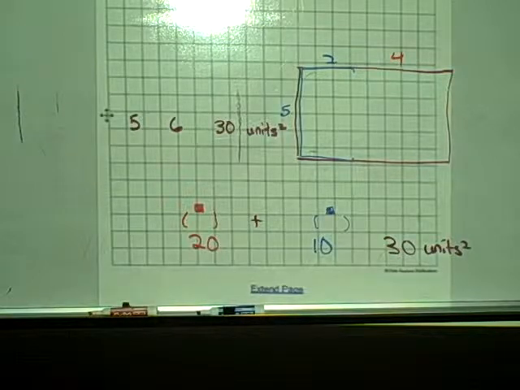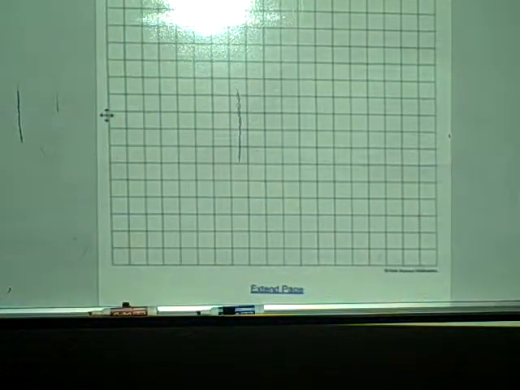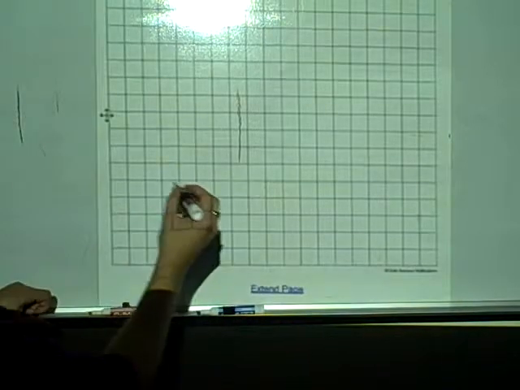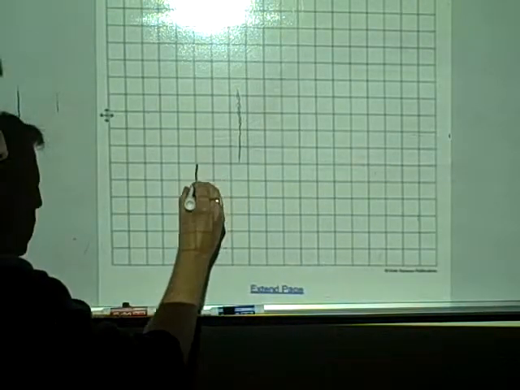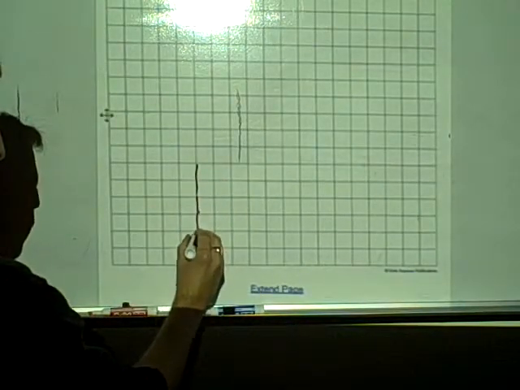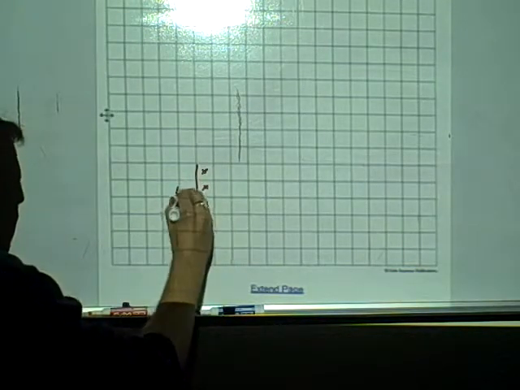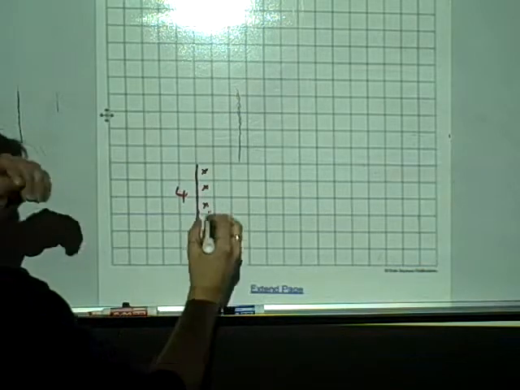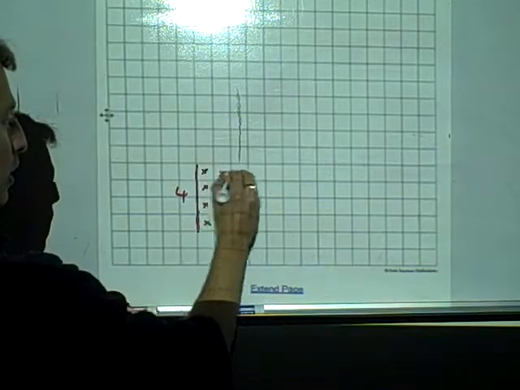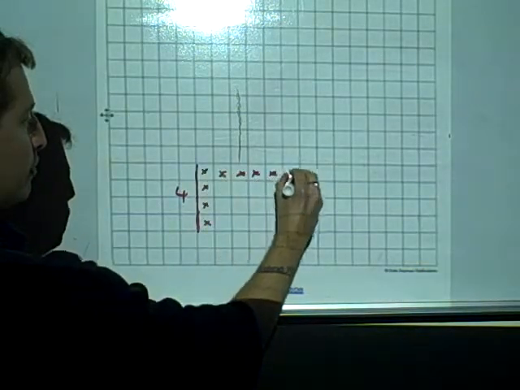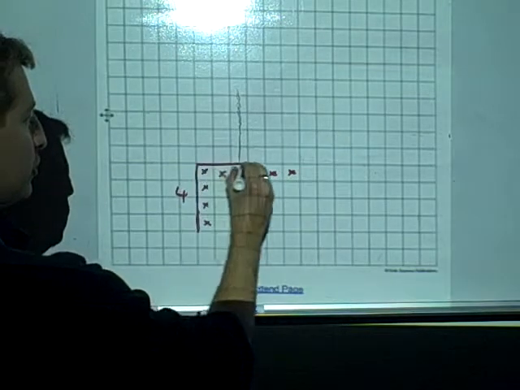Okay, we'll try a different one. We'll start with a big rectangle. Let's do 1, 2, 3, 4 rows. And we'll do 1, 2, 3, 4, 5, 6. 6 in each row.